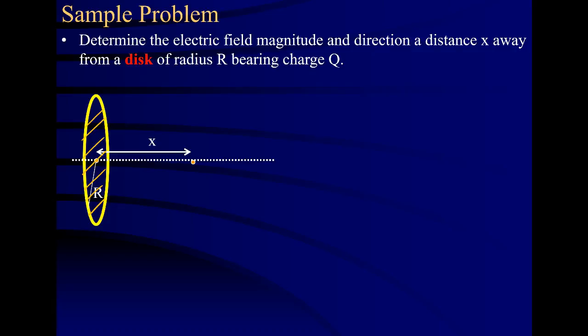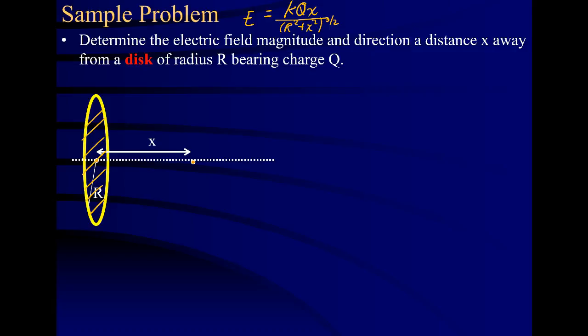And earlier, we found that a ring had a field of Qx over big R squared plus x squared to the 3/2.